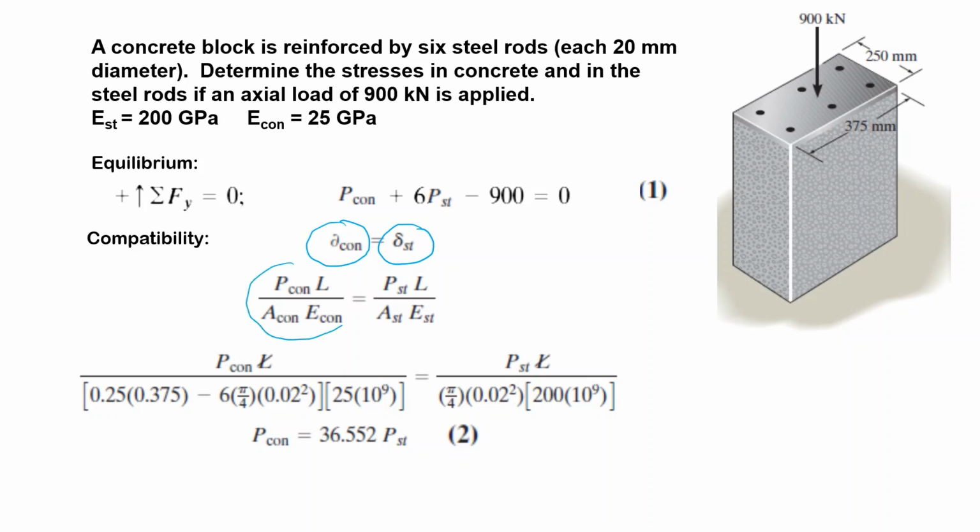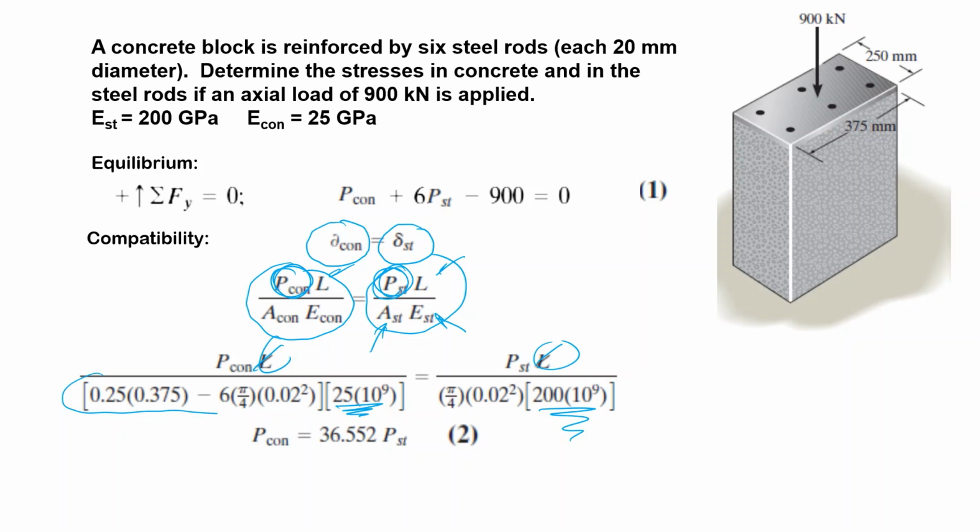So let me write down these values. The only unknowns are the force values, the length, the elastic modulus, and the sections I already know. So when you write down the values, L goes over, that's E for the steel, that is 25 elastic modulus for concrete.